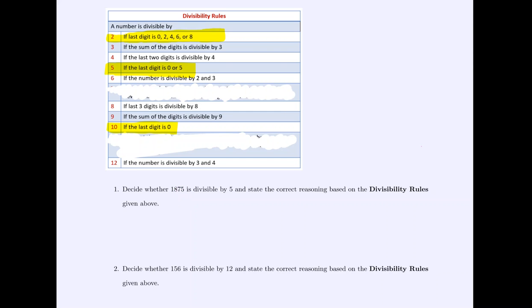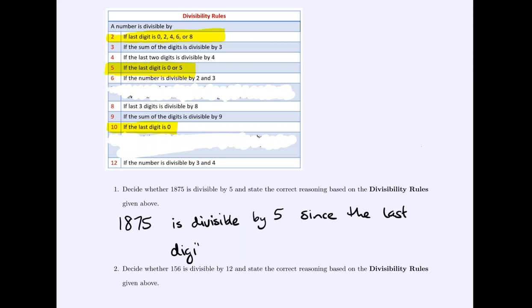So we would just say 1875 is divisible by 5 since the last digit is a 5. So we're just stating why this divisibility rule applies.